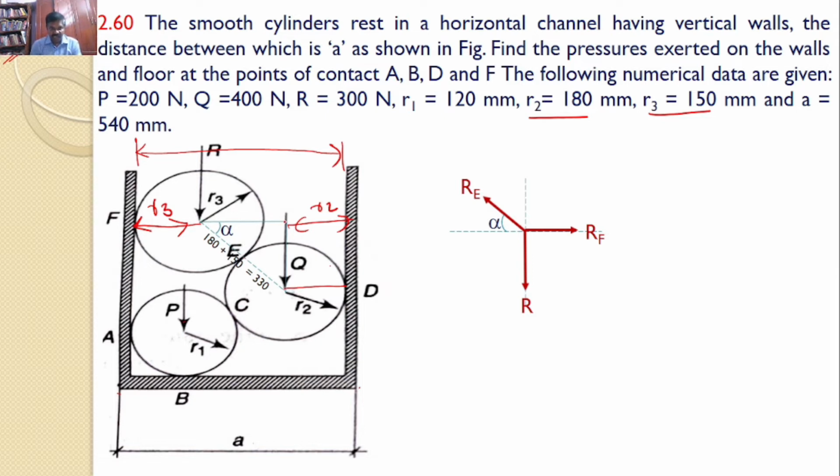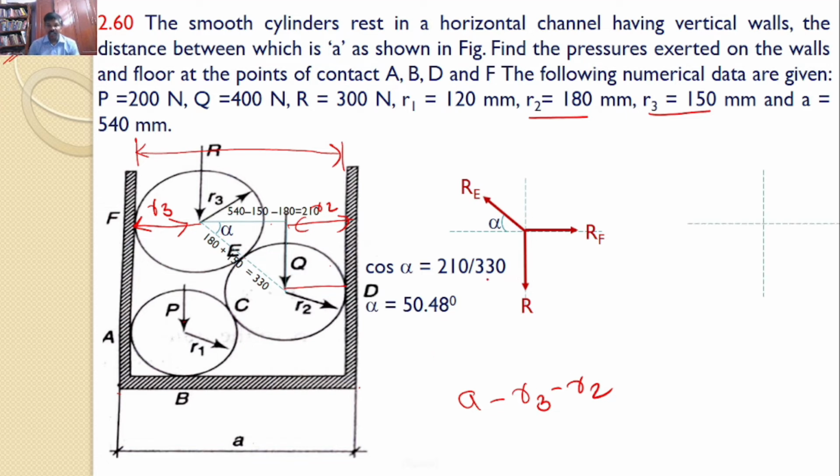Hence, this horizontal distance is equal to A minus R3 minus R2. Hence, you can say it is 540 minus 180 minus 150. So, you can find cos alpha. Cos alpha is equal to the horizontal distance, 210, divided by 330. Hence, you can find alpha is equal to 50.48, meaning this angle is 50.48.